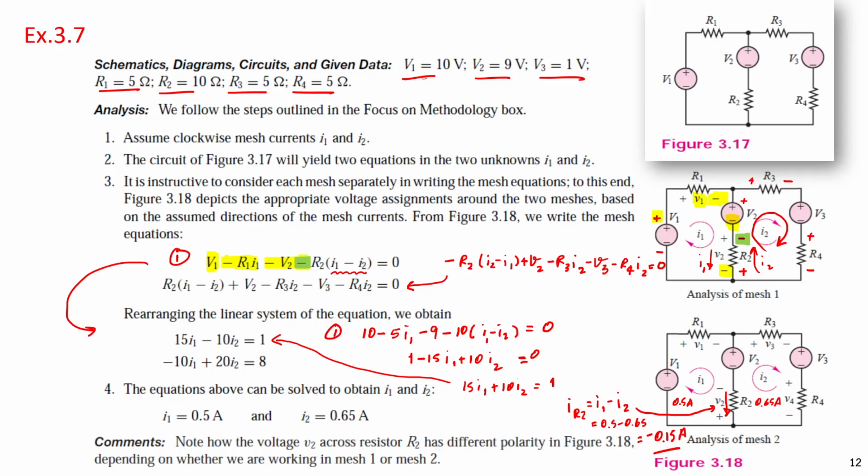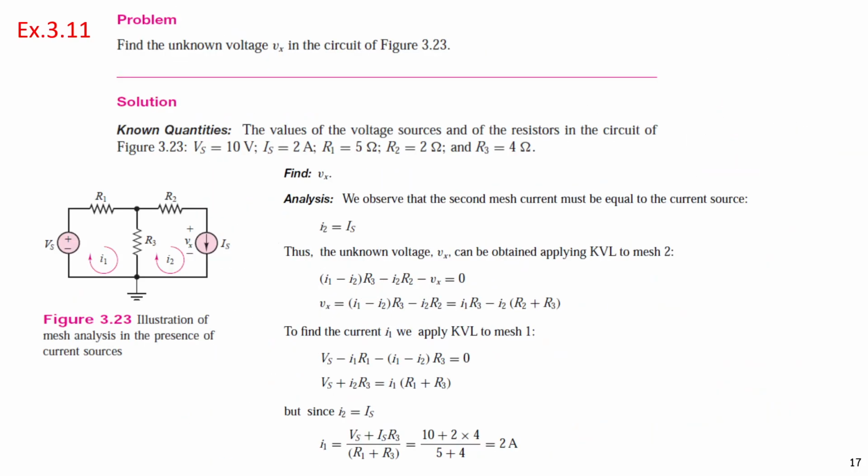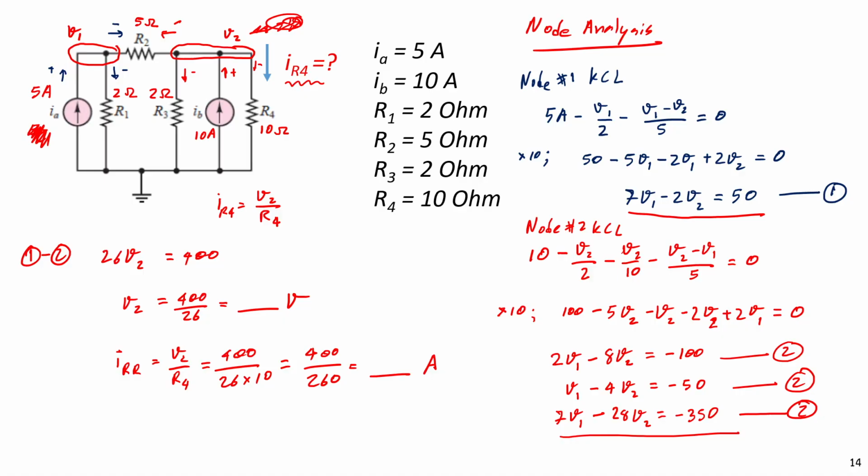But if we have a lot of current source, for example this example, it's easier to construct node analysis because we know the current. We don't know how much the voltage across is, but we know the current, so we can substitute current directly here.